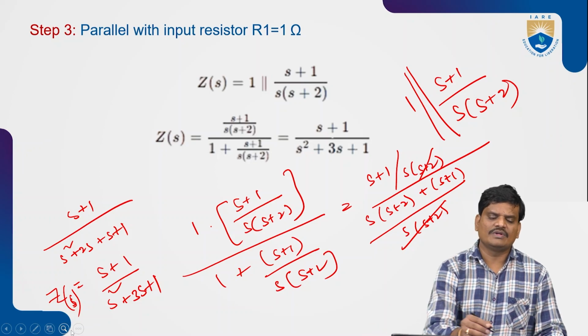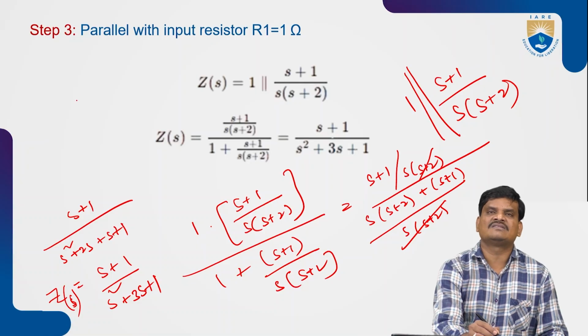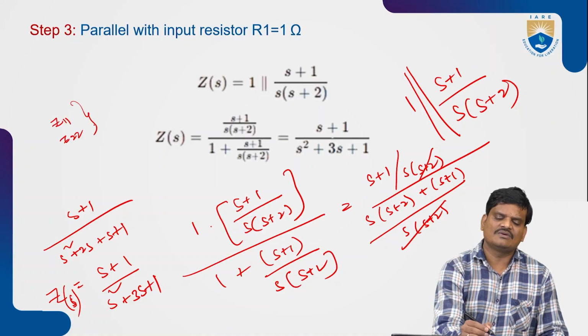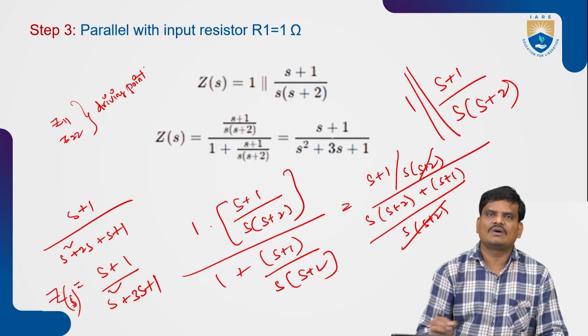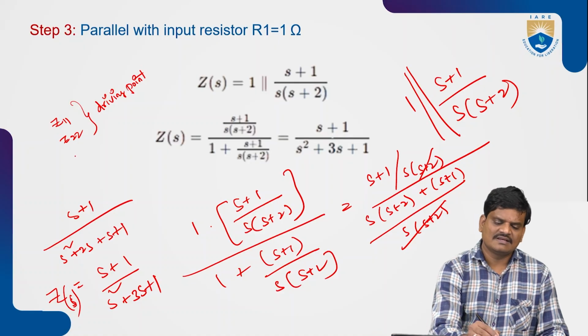So this is how you need to calculate the different parameters related to single port or two port networks. Z11 and Z22 are considered as driving point impedances.